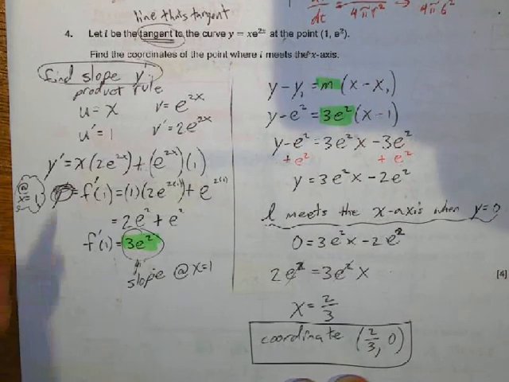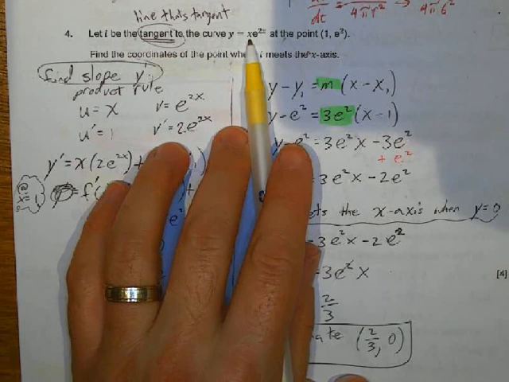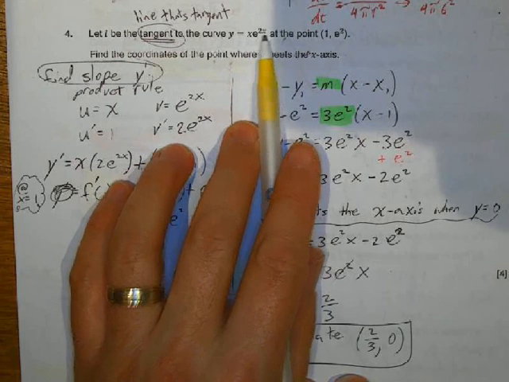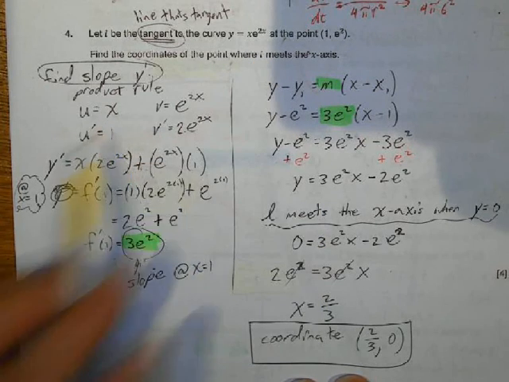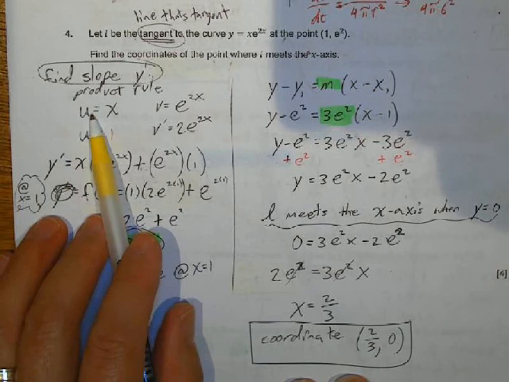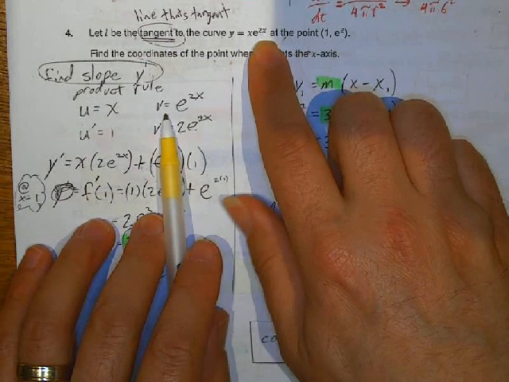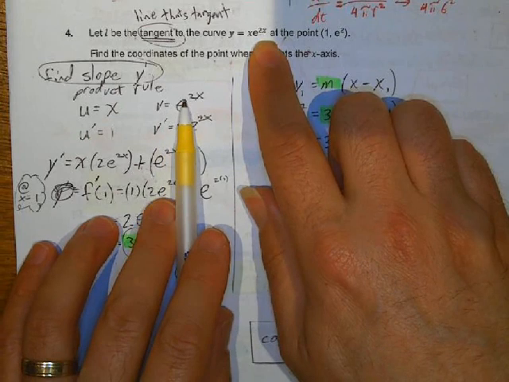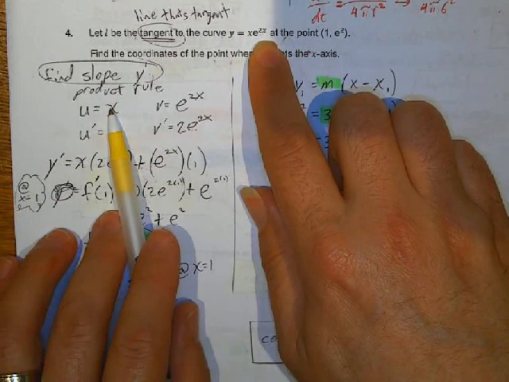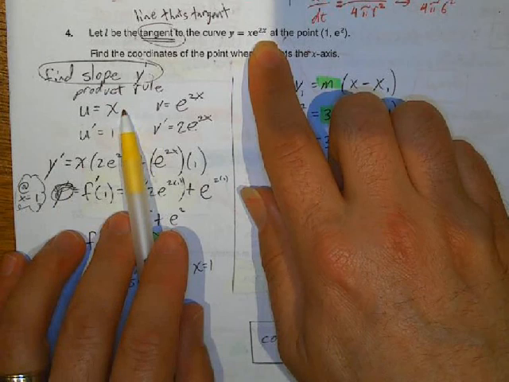So I've got y equals x times e to the 2x. So I'm going to use product rule this time. I'm going to make u equal x, and I'm going to make v equal e to the 2x. So the derivative of u equals x is 1.